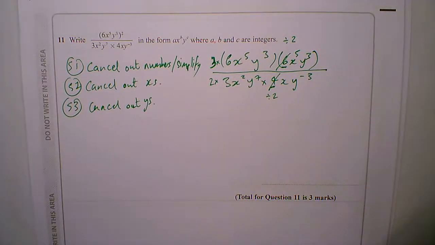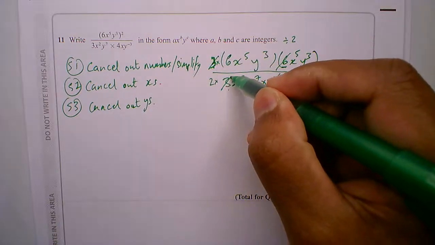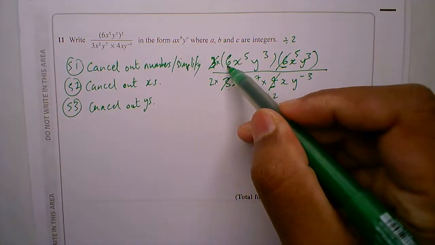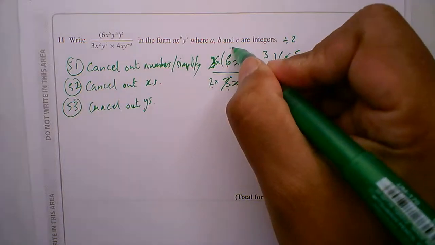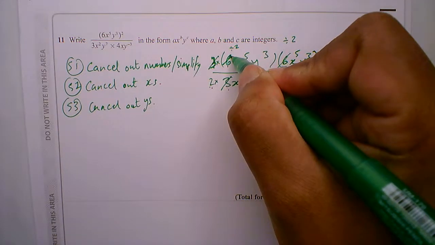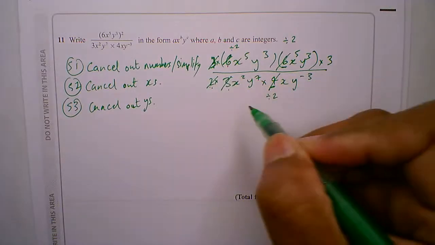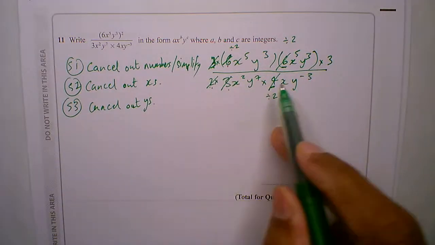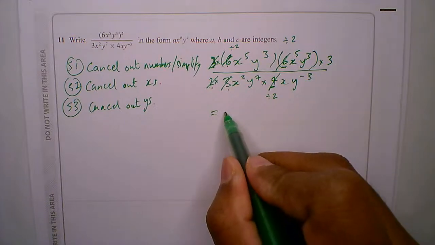Now, if I look closely, I've got a 3 at the top and 3 at the bottom, so they will also cancel. Now I've got a 6 here and a 2 there, so they can also cancel because they're even numbers. So I'm going to do the same here, divide by 2. That gives me times by 3 here, and this 2 cancels out. So I'm just going to rewrite this with the numbers. So I've got only 3 left.